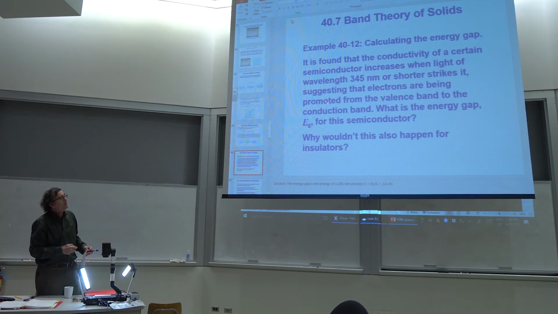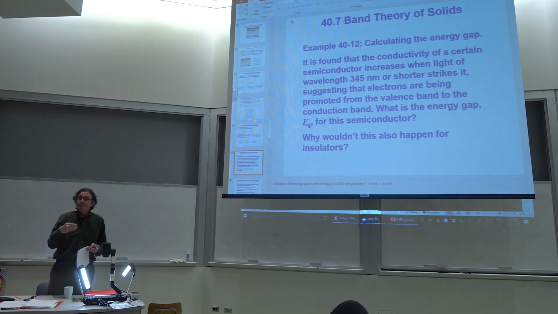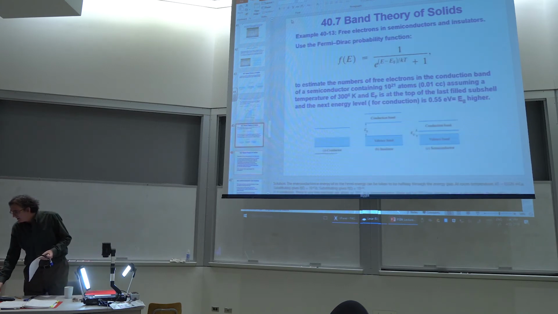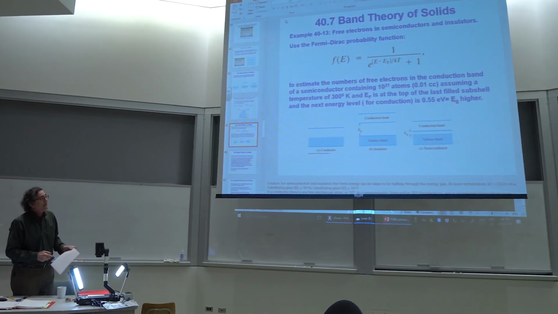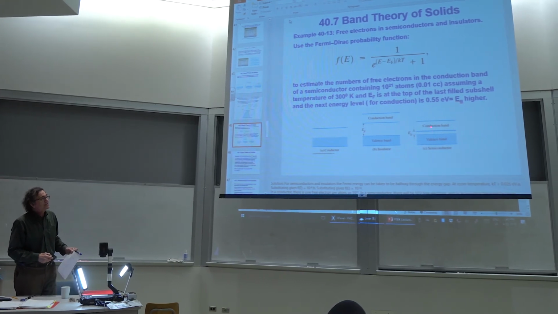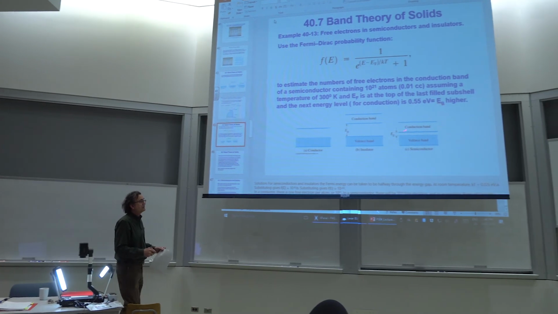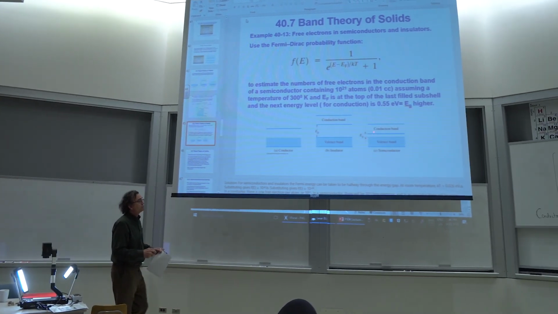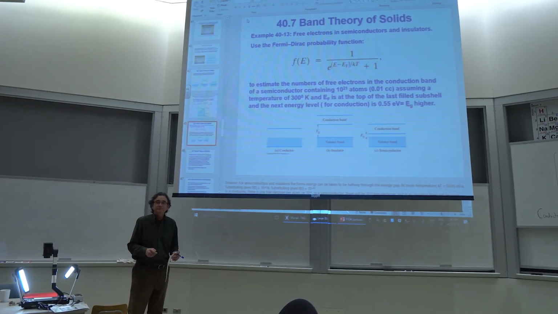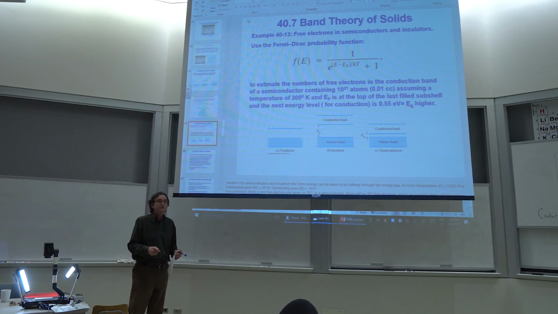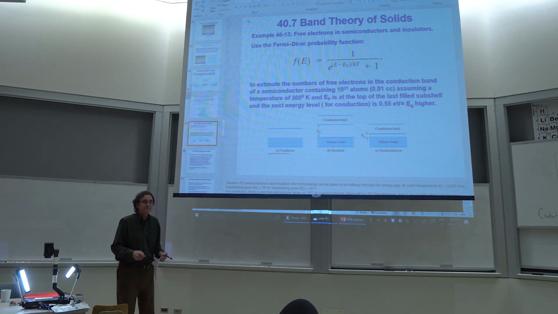Okay? But if the wavelength is shorter than 345 nanometers, then there must be more electrons making it to the conduction band, and hence it makes sense that the minimum energy required to get electrons in the conduction band is equal to hc over lambda. Okay? hc over lambda is the energy of the photon.